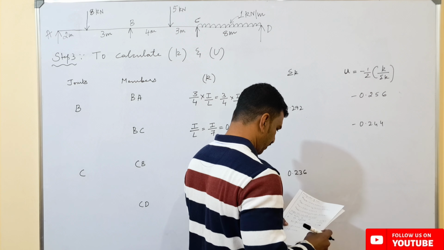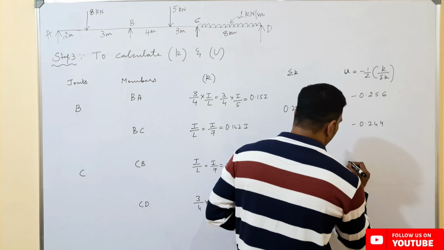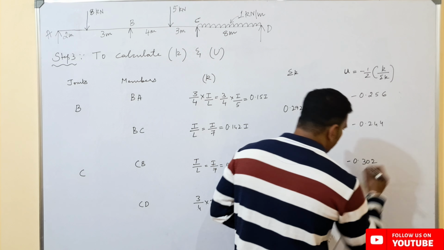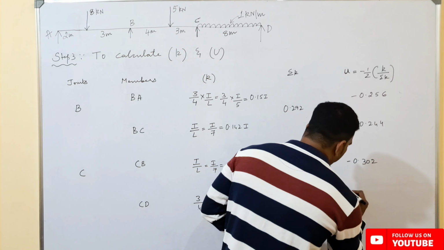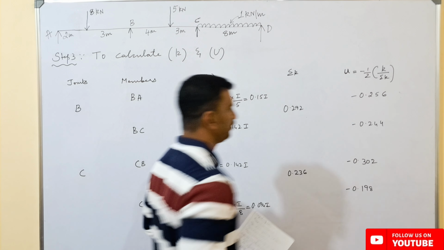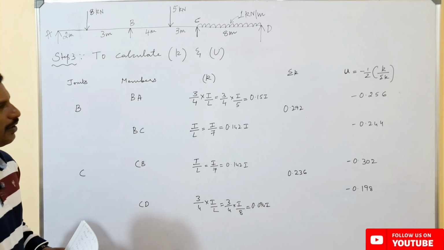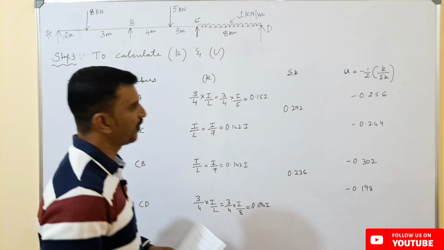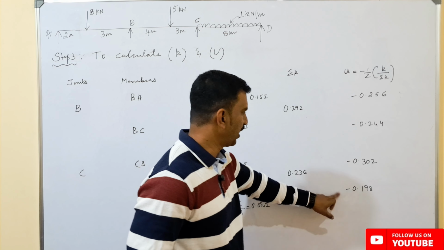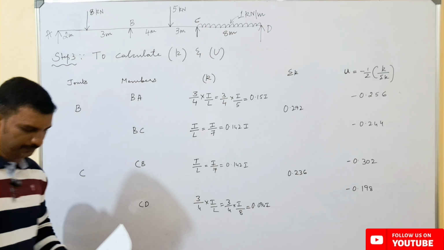For CB the rotation factor is minus 0.302, and for CD it is minus 0.198. So these are the values of the rotation factor for members BA, BC, CB and CD.